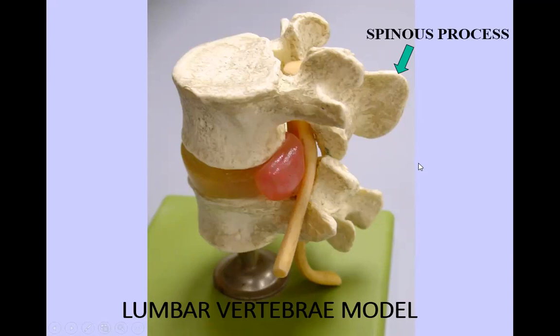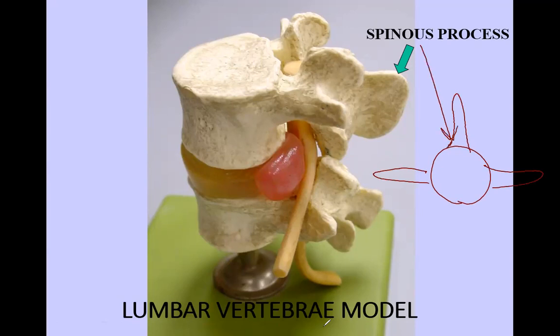Now, to give you some perspective on this, if we were looking at this bone straight down, looking at it flat, we would see a process stick out like this and like this. This one that's sticking straight up is the spinous process.